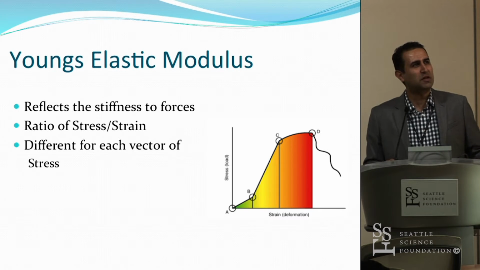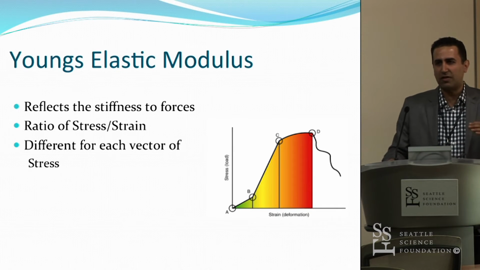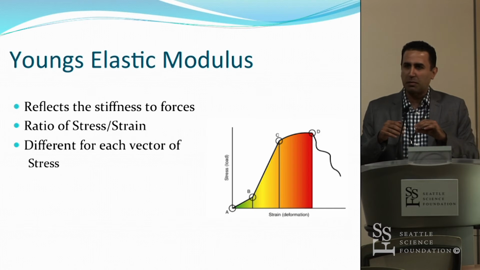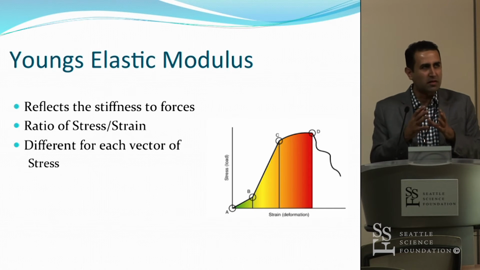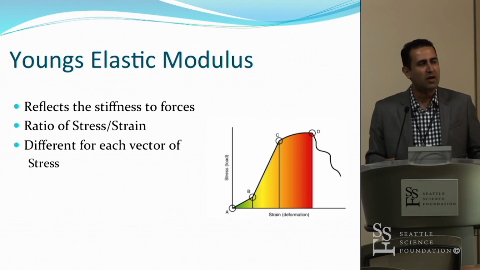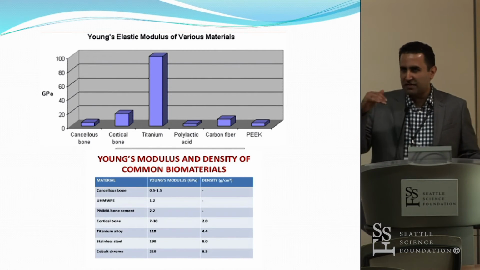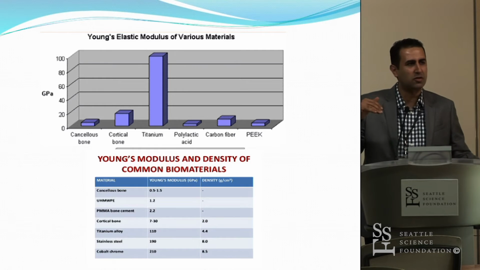Now this modulus we talked about reflects the stiffness to this force. As I said, the slope is the stiffness. It's a ratio, and it's different for each vector. So with respect to the directionality of the force that's applied to the screw or to the bone, it's not constant, but it depends on where that force is applied. And for various materials, this stiffness, this elastic modulus, is different.